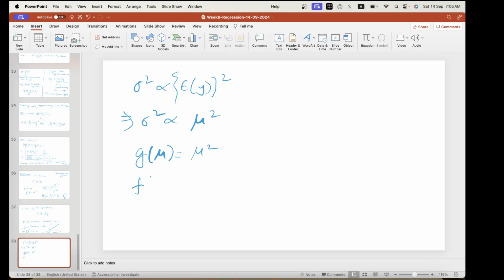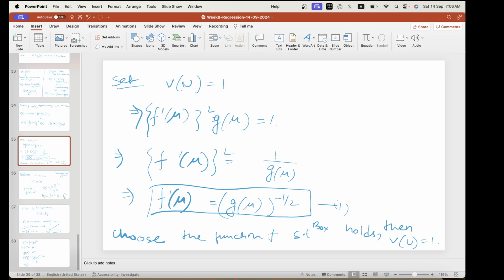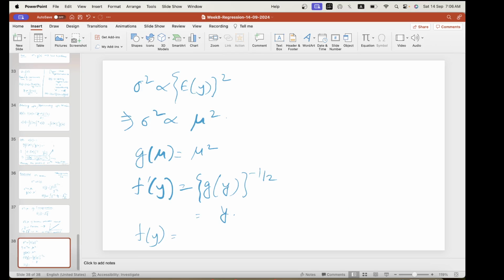Then f prime y would be g y to the power minus half, so this would be y inverse.